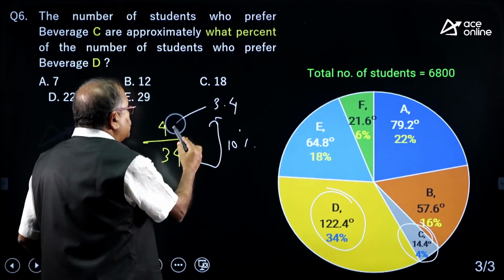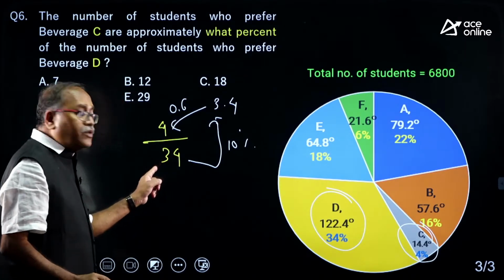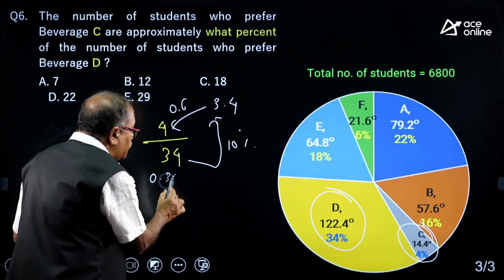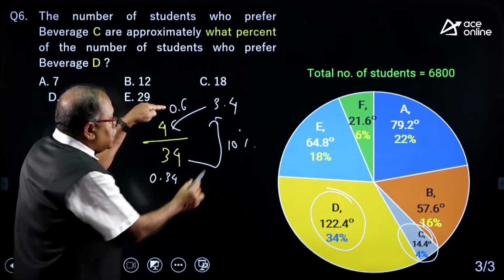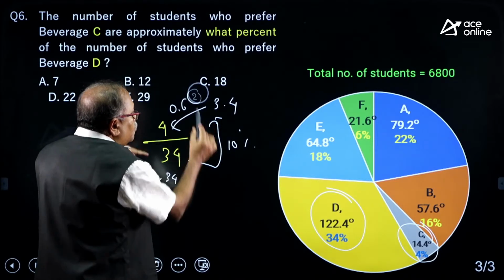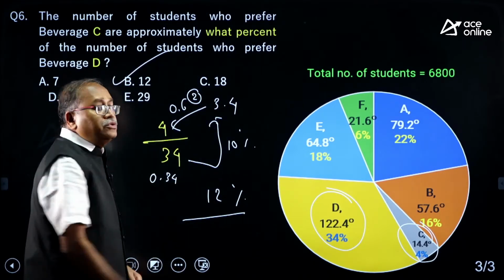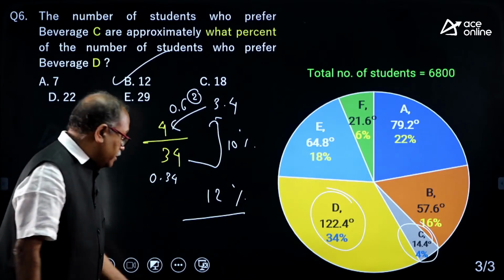So how much more is needed? 0.6 more. What is 1% here? 1% is 0.34. What is 2%? 2% comes closer to this. That means 10% plus another 2%, you get approximately 12%, option choice B. Aman has done well.